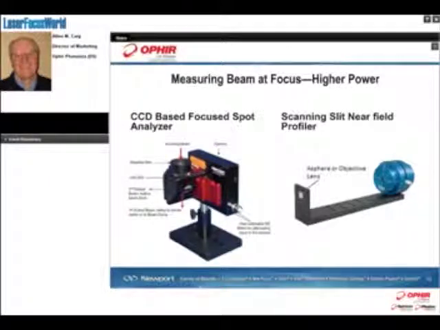If it can't, then we can put some kind of optic here. This could be a microscope objective if we need to blow it up larger than 10x. It can be an aspheric lens for 10x or 20x. In either case, we're able to then measure the beam at focus.